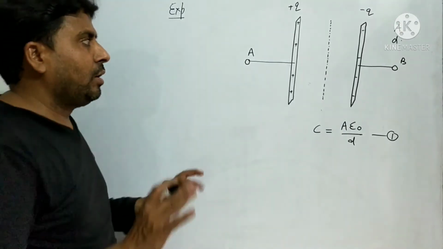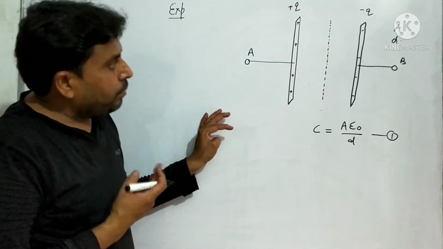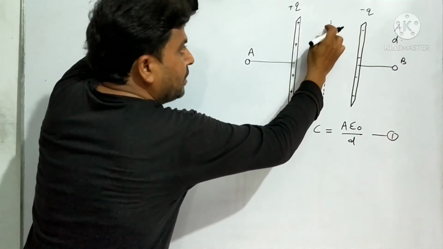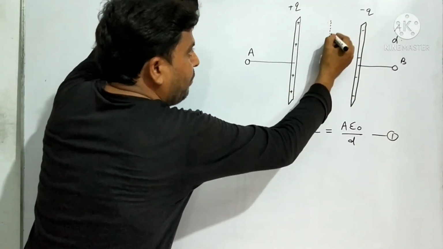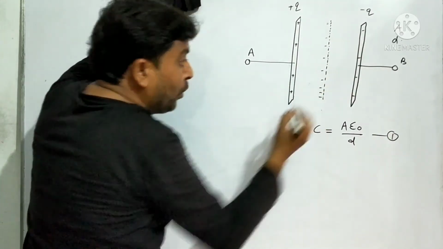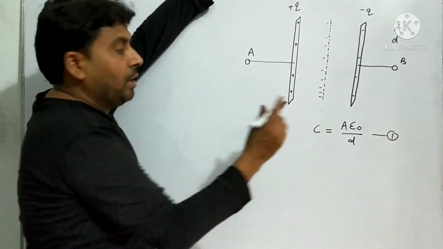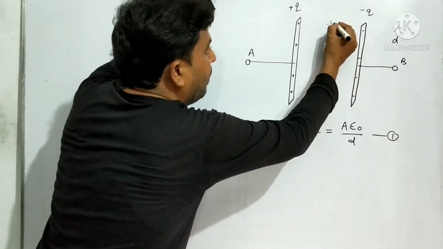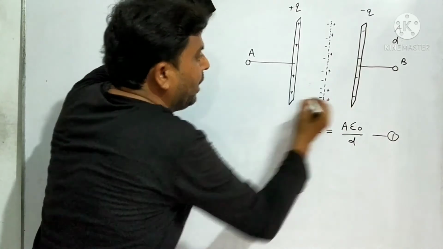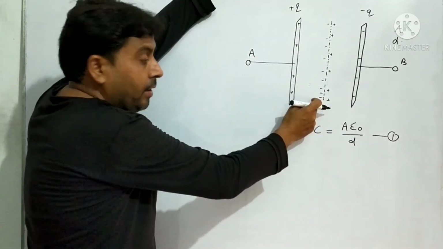Now here it created positive charge, and on this insulating surface there is negative charge, because of attraction and repulsion: positive repels, that's why positive appears here, and negative is repelled, that's why it is here, and it will attract.